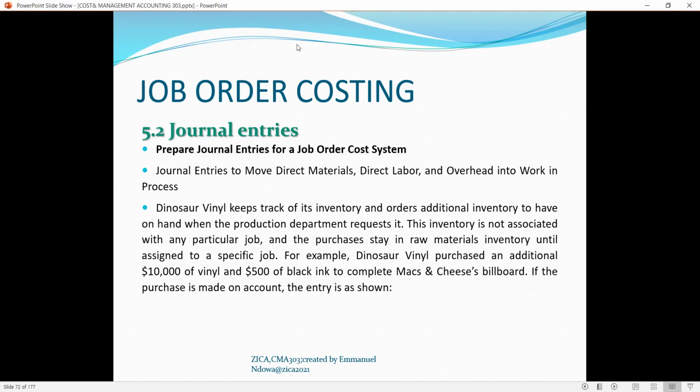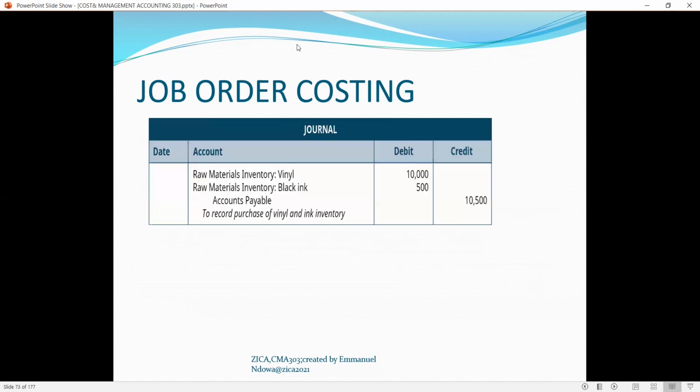For example, Dinosaur Vinyl purchased an additional 10,000 of vinyl and 500 of black ink to complete Max Cheese billboard. If the purchase is made on account, the entry is as shown. If they purchase on account, you can see that Dinosaur is going to pay 10,500.